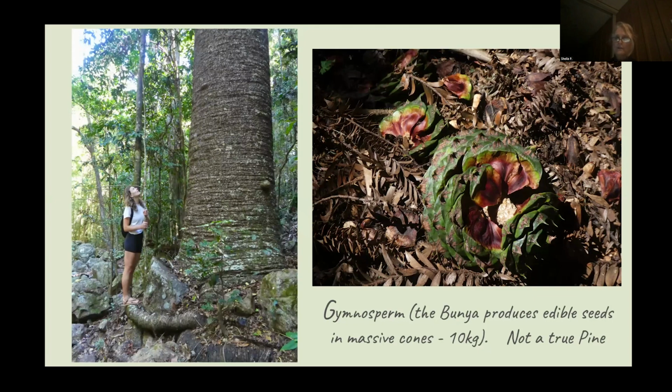So being a gymnosperm, it produces its seeds in cones. And we see a cone here on the right-hand side of the screen, with some seeds attached to it. The seeds are edible and were an important food source for the Aboriginal peoples of Australia.